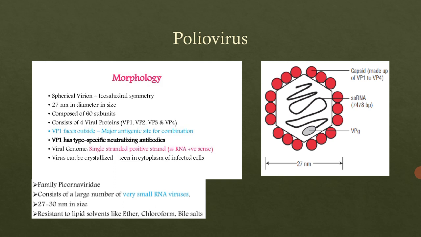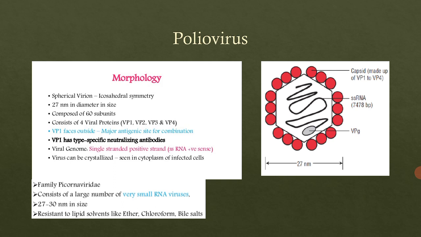Then the virus can be crystallized, and the arrays of virus crystals can be seen in the cytoplasm of the infected cell. Crystallized means it can create a mesh-like structure.